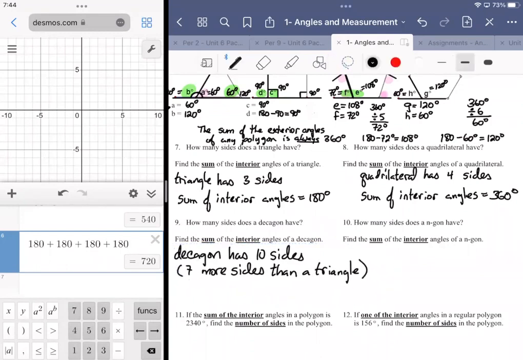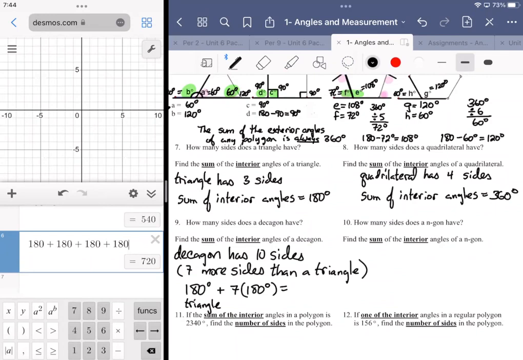All right, so if we're talking about 180 degrees being the triangle, then I would need seven more 180 degree measures to get me to the number of degrees within the interior angles of a decagon. Right?